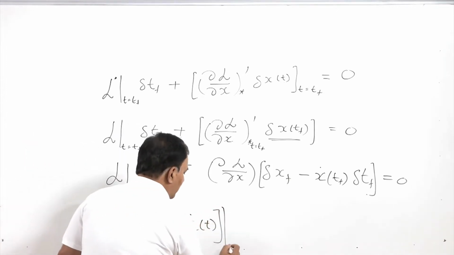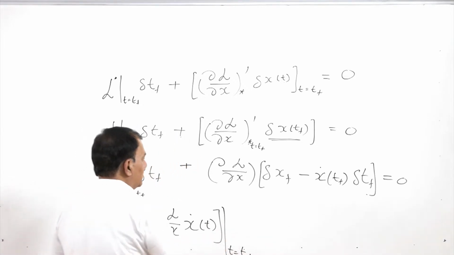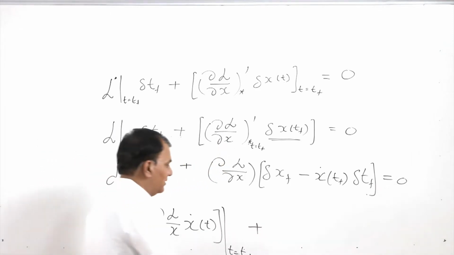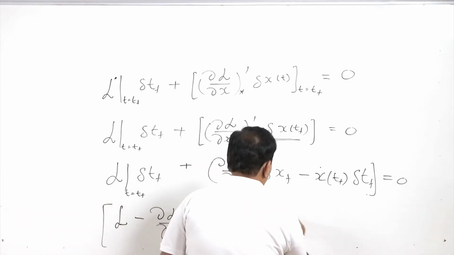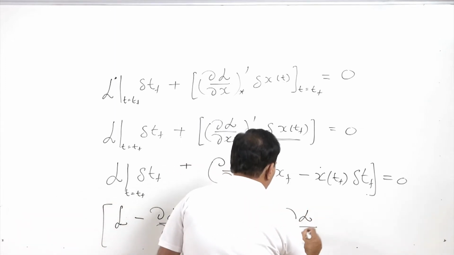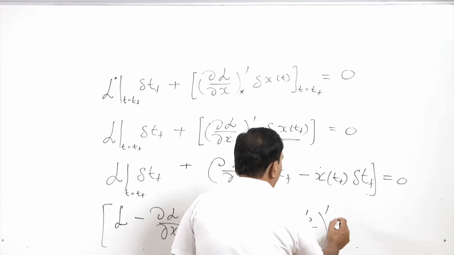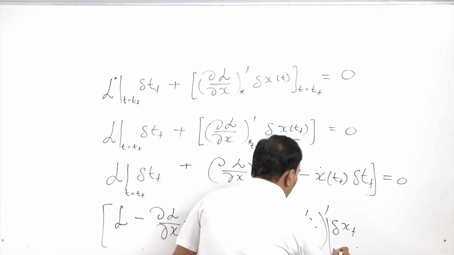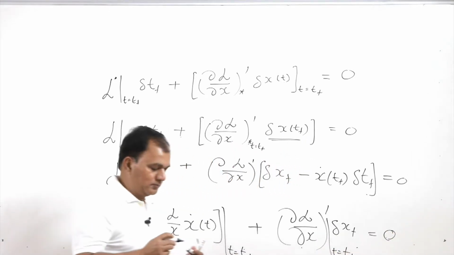This I will evaluate at t equal to Tf point, plus del L by del x prime delta xf, and this I am evaluating at t equal to Tf, and this equal to 0.